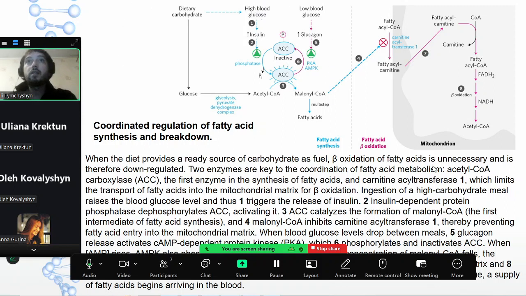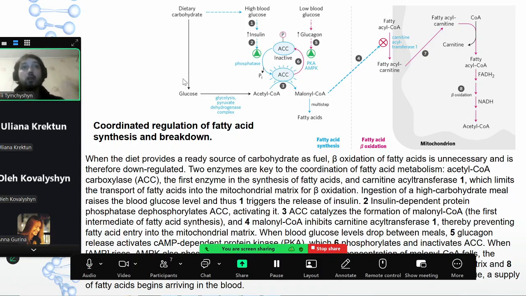And here you see the scheme. So here you see the dietary carbohydrate. We can acquire some glucose from that, and depending on whether we have just eaten something or we didn't, we will get some signaling through insulin and glucagon. So insulin will tell us that we have just acquired some energy in form of, let's say, glucose, and it's really time to make some storages.